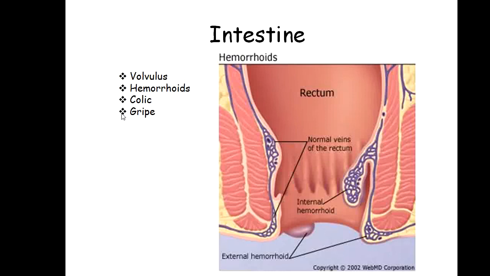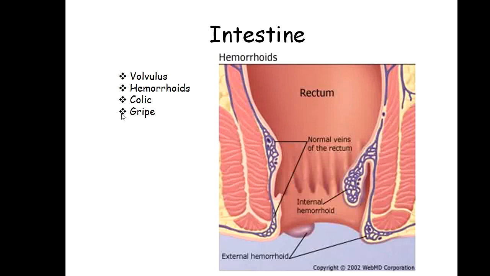The wall of the small and large intestine contains a large number of defensive cells which kill bacteria and many other microbes, but if the food we take contains a large number of microbes, then our body is not able to fight against all of them.